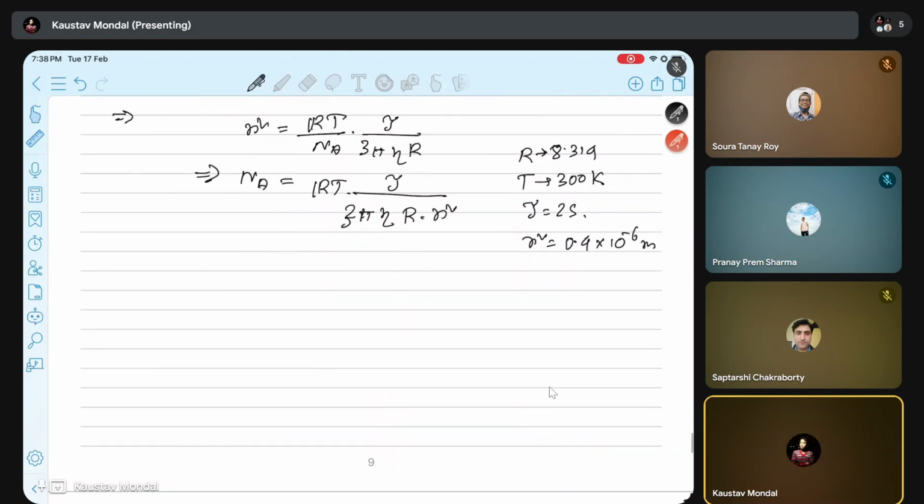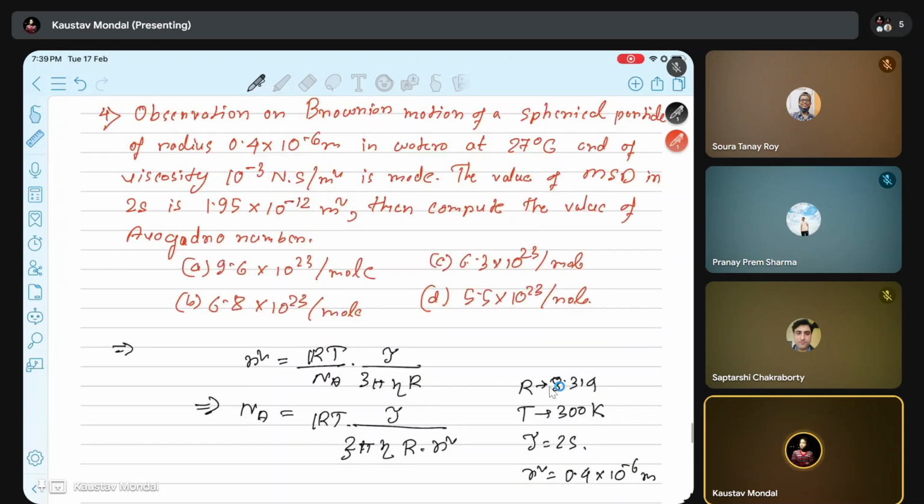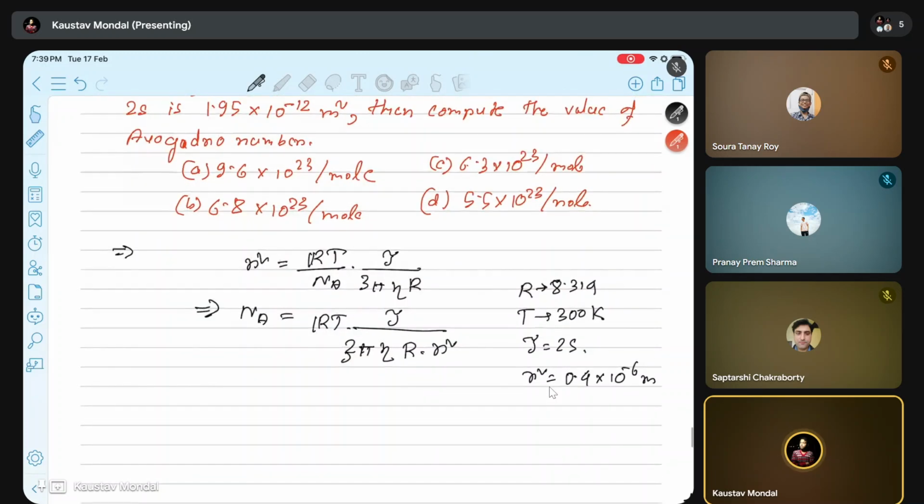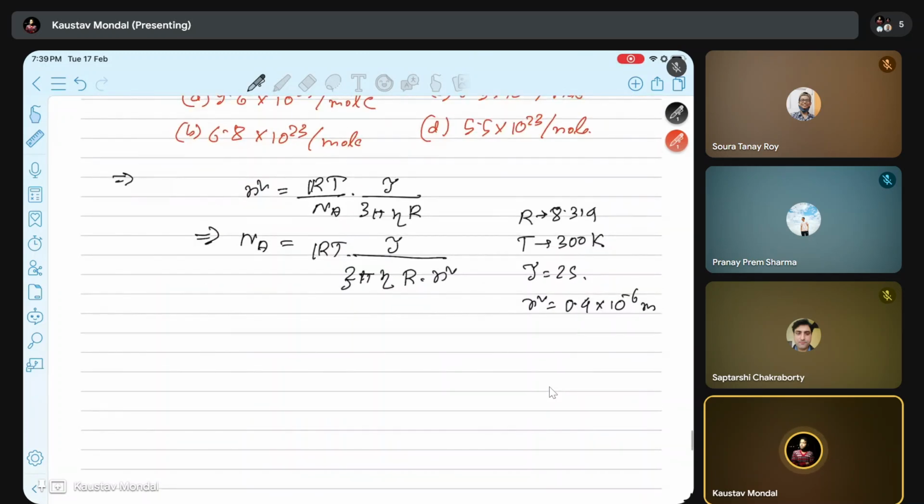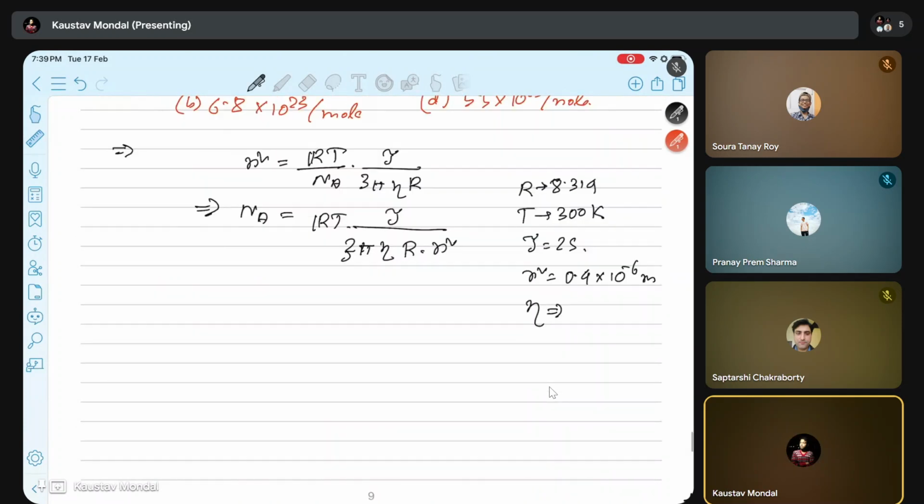And eta is also required, which is given in Newton second per meter square, 10 to the power minus 3. So everything is given.